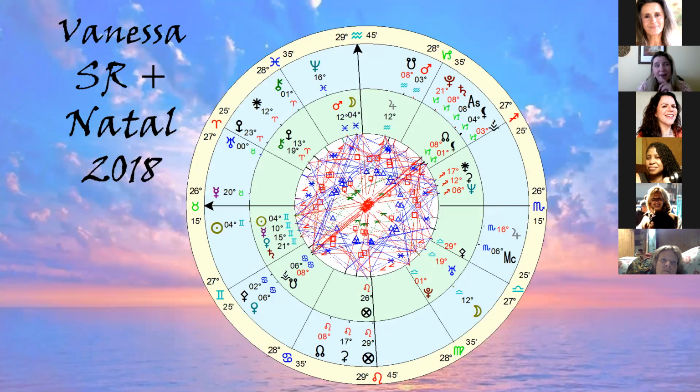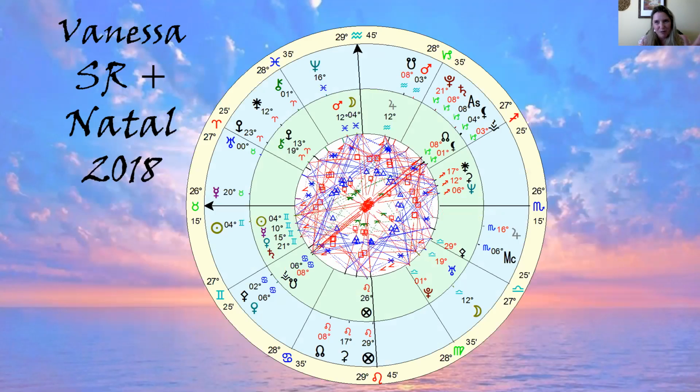There is one point I do want to make before we close. There is the question of what location do you use? This is one that comes up a lot for the solar return. Some argue for the birthplace location, and some argue for the location where they now live. Because Vanessa lives so far from where she was born, I used her relocated location.